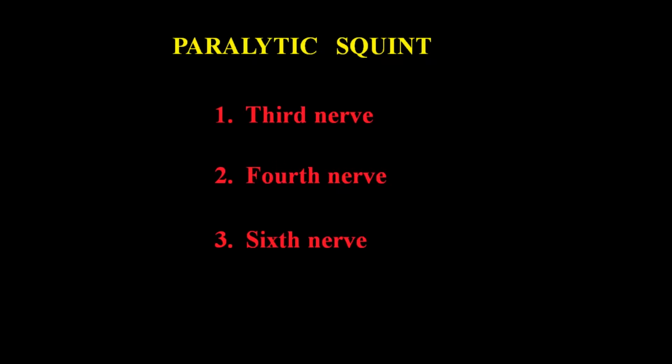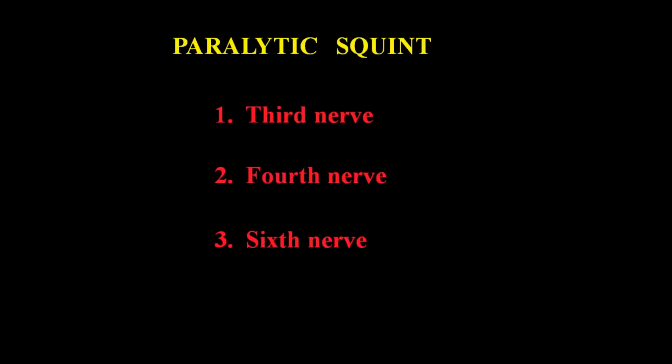Suppose the patient is having horizontal diplopia. Horizontal diplopia means the images of the object are horizontally separated from one another, which is commonly seen in sixth nerve palsy.